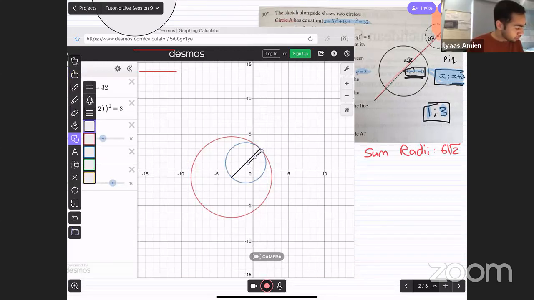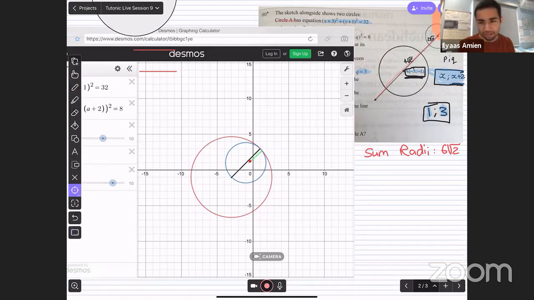And you want to work out the coordinates of the center of the blue, right? What's the distance between this center and that center? It's just going to be the black minus the green, right? But the black is the radius of the red and the green is the radius of the blue. So do you understand why it's the radius minus the radius?